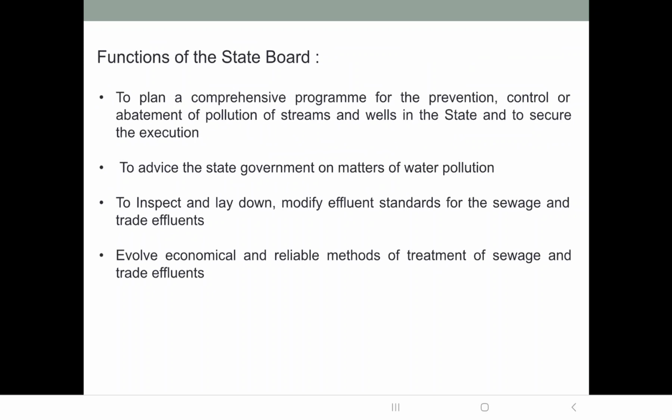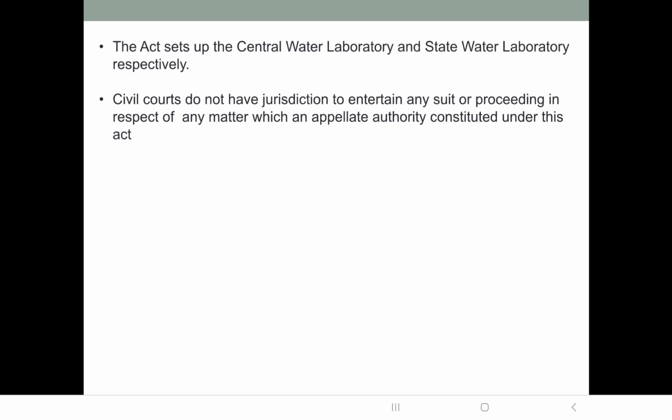It has the powers to inspect any water body which is receiving sewage or trade effluents. Also, if there are new technological methods which can help reduce the problem, they will try to bring that into effect. This act also sets up the central water laboratory and state water laboratory.